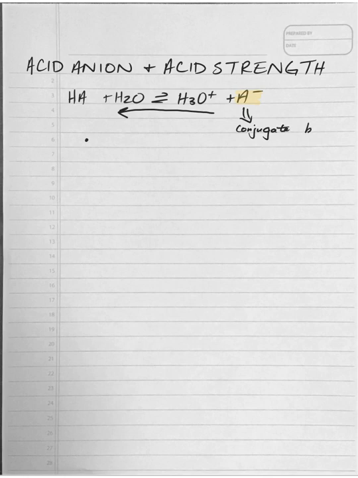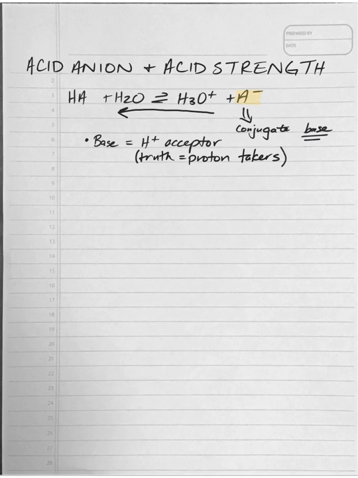We're going to call it the acid anion, but it's also a conjugate base, and a base is a proton acceptor. I've always been amused by the term proton acceptor. The reality is that bases are actually more proton takers. They want that proton, they take that proton.